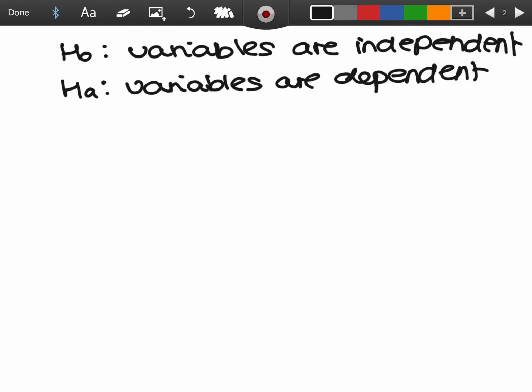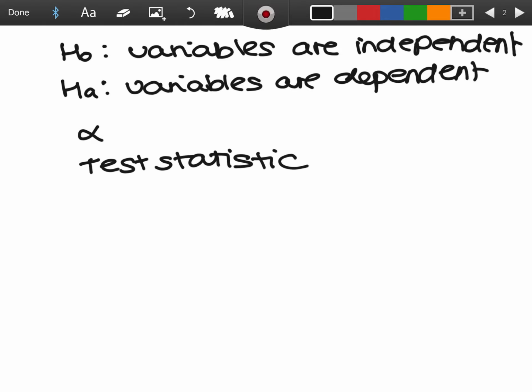Once you have your null and alternative hypotheses, you could do this the long way and run one of these hypothesis tests. So you could write down what your significance level alpha was, and then you could go ahead and find your test statistic. Now, the test statistic in this case is not an easy thing to find. It is actually a very, very awful looking formula.